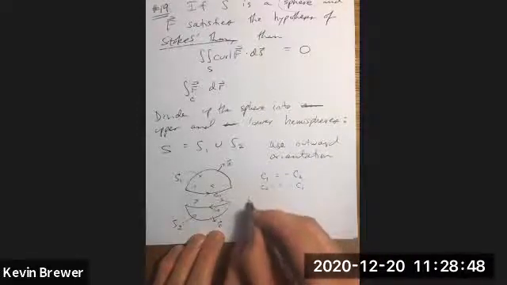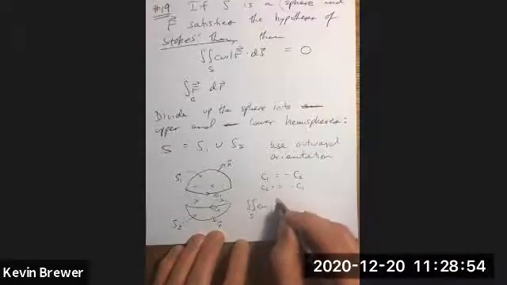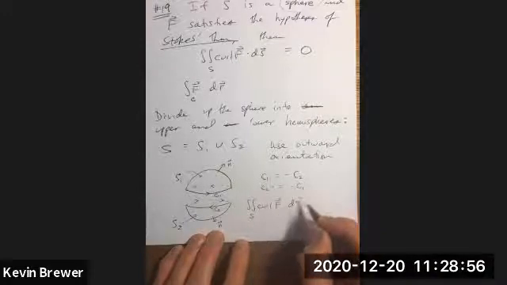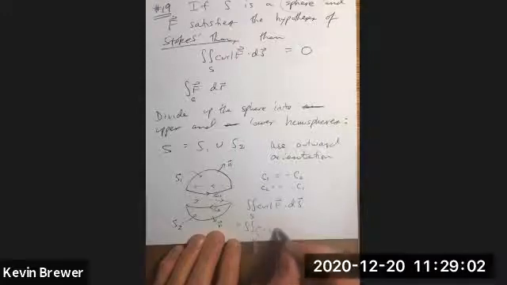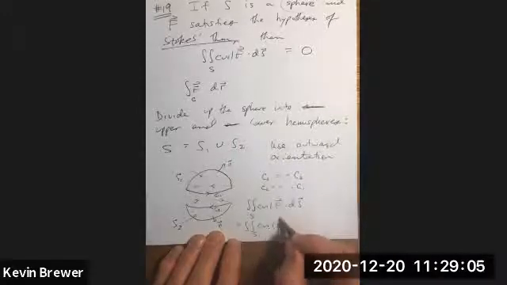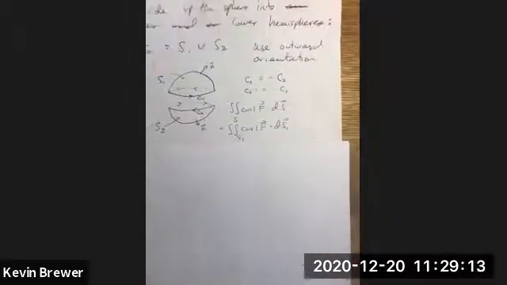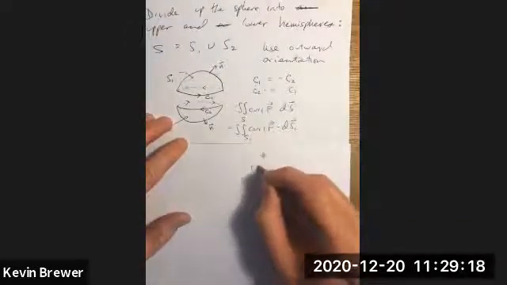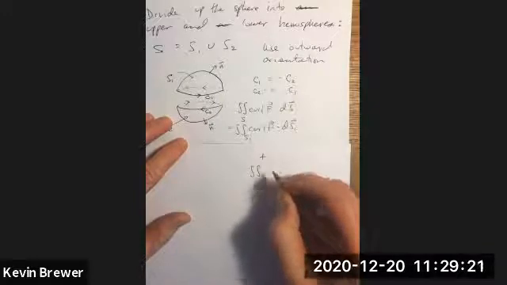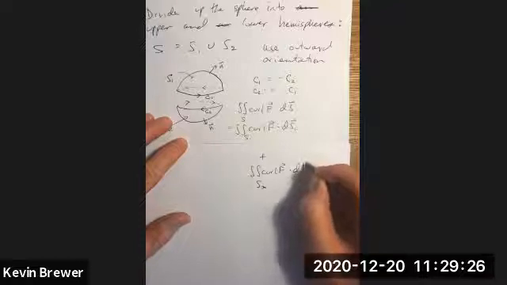So the double integral over S of the curl of F dot dS must be equal to the double integral over S1 of the curl of F dot dS1, plus the double integral over S2 of the curl of F dot dS2.